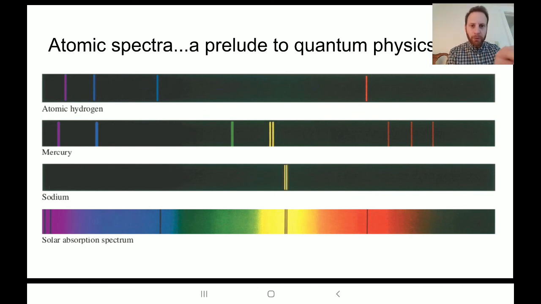Well, notice, for example, that in this solar absorption spectrum on the bottom, there are these two missing pieces in the yellow area. That corresponds to that sodium emission line. And you'll notice that there's a piece missing over in the orange, and in the blue, that corresponds to atomic hydrogen. So this is how you can figure out the composition of a star by looking at its spectrum.